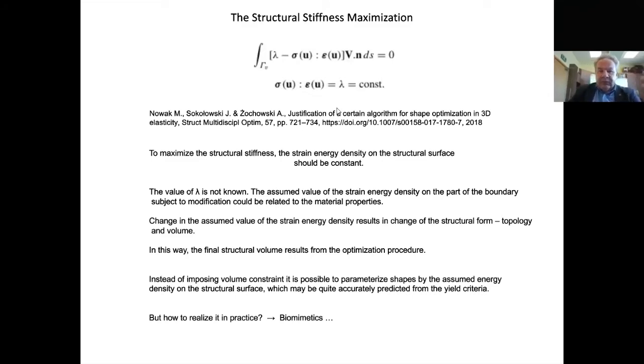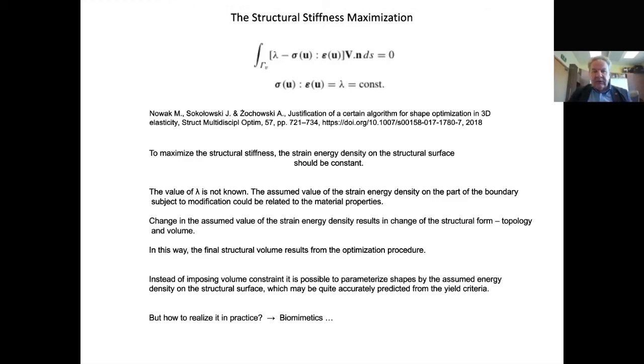So the Lagrange multiplier is something more than just a multiplier. It's a very important thing, because if you are able to design the structure with the strain energy density which is equal on the structural surface, it means that the compliance of the whole structure is minimized.